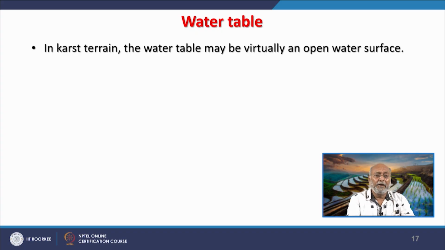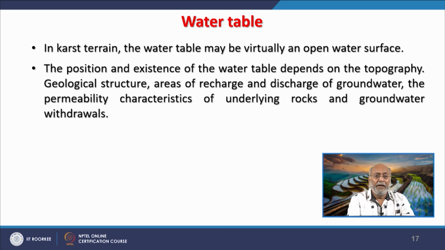So, we are basically reaching the summary, the last discussion of this lecture: in karst terrain the water table may be virtually an open water surface, and the position and existence of the water table will definitely depend on topography, geological structures, and the areas of recharge and discharge of groundwater.